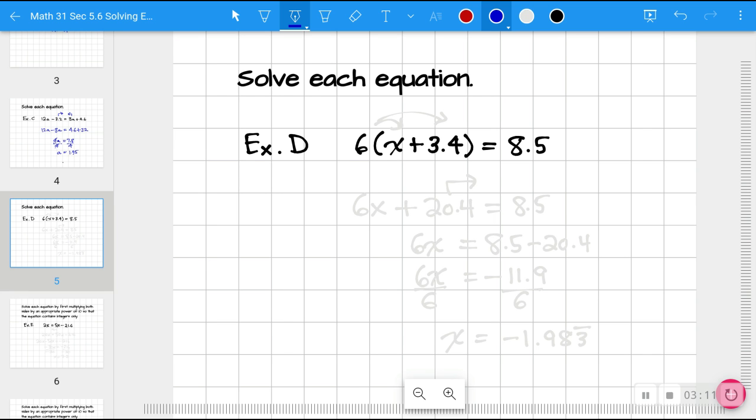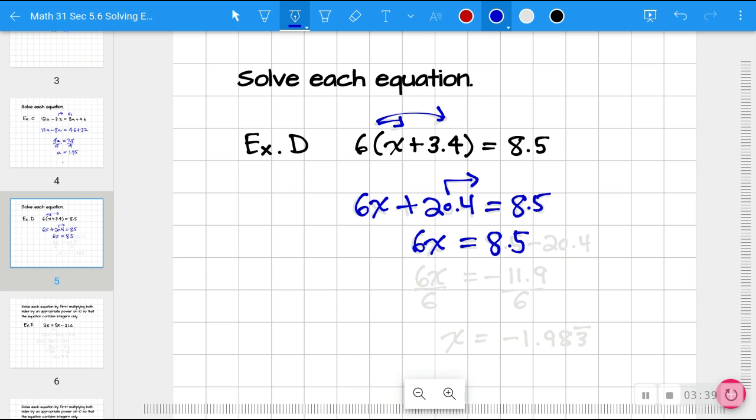Okay, example D here, we're going to start by distributing. So the first round gives 6 times x, or 6x, and then 6 times 3.4. And we still have that 8.5 to deal with. I'm going to take the 20.4 over so that it's combined with the like term on the other side. This 8.5 that was already over here, and this minus 20.4 combined to give negative 11.9.